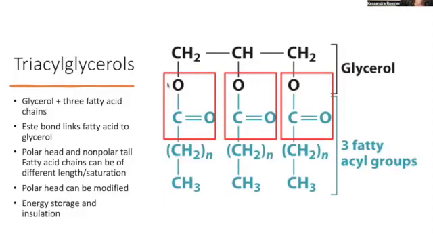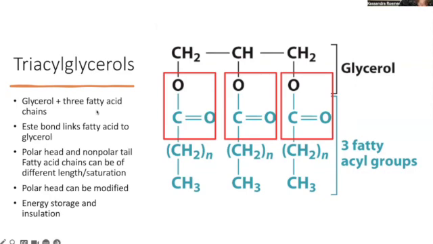Okay, our next type of lipid would be triacylglycerols. This should look pretty familiar because it is how we store energy. So what is found in our fat cells. It is a glycerol head right here that is linked via an ester bond to 3 fatty acid groups.